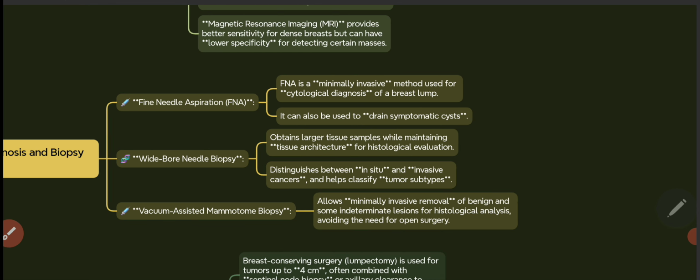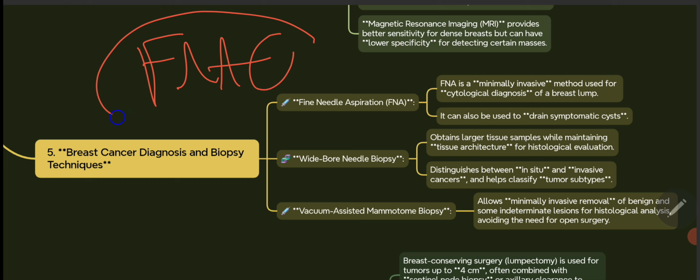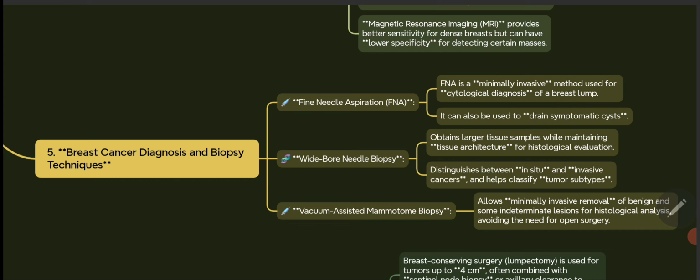What are the breast cancer diagnosis methods? First one is fine needle aspiration cytology, FNAC. It is minimally invasive and only does the cytological analysis. It can also be used in symptomatic cysts. The wide bore needle biopsy obtains a large amount of tissue while maintaining the tissue architecture.